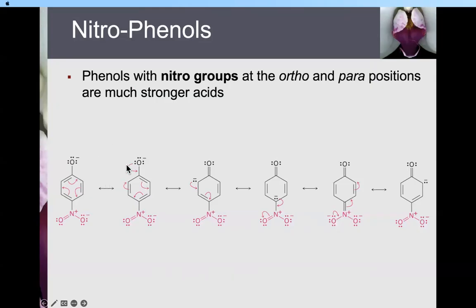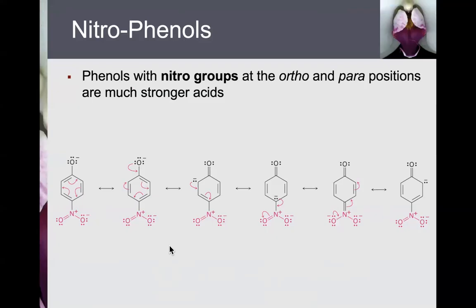They are the deactivators, right? Meaning, they are electron withdrawing. So if electron withdrawing, more acidic. And if electron donating or activators, they are less acidic.